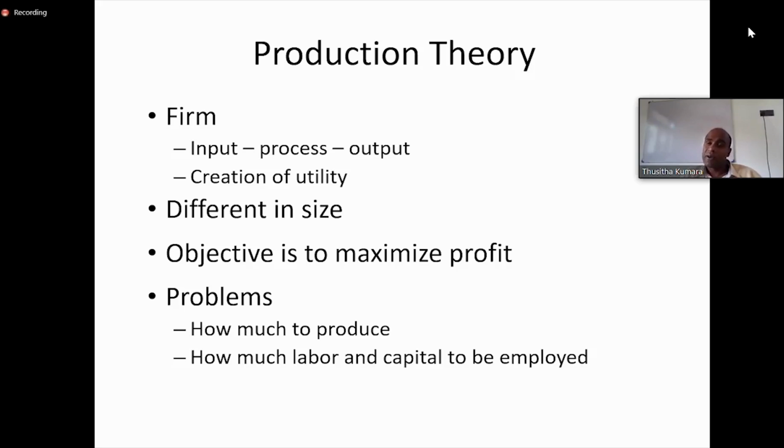Therefore, in economics, remember, firm and industry are different. A firm means a single entity which contributes to the industry. An industry means a collection of firms. The job of the firm is to take production inputs or production factors, do some processing, and make some output.